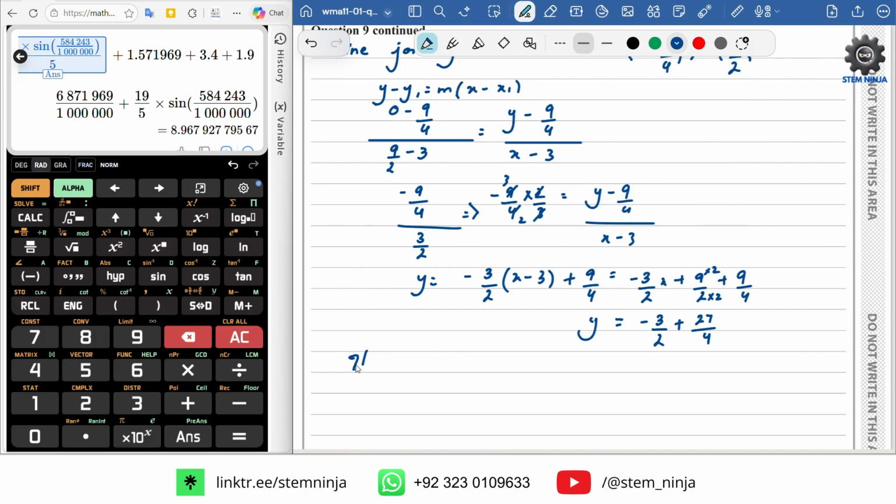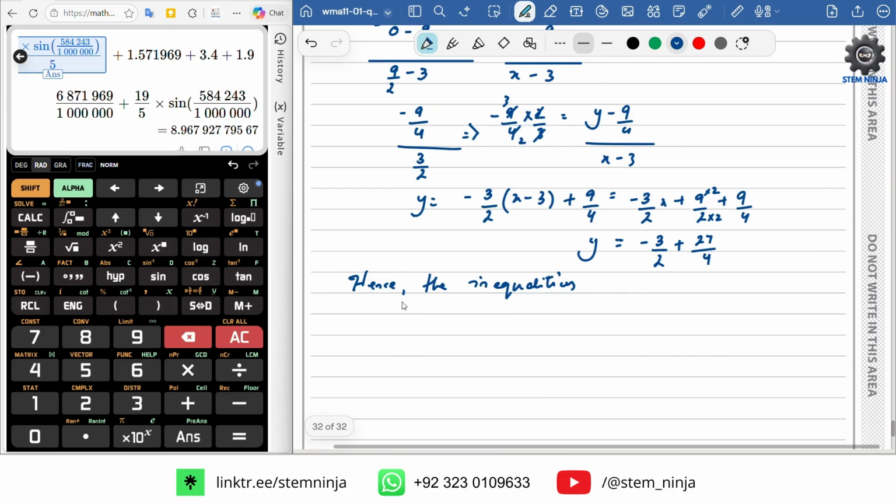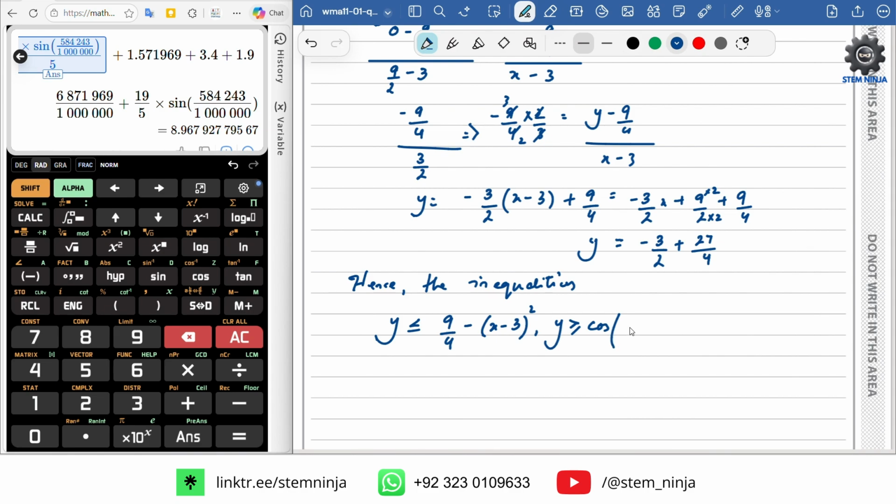Hence the inequalities are the same as what we wrote above: y less than or equal to 9 over 4 minus (x minus 3) whole squared, y greater than or equal to cosine of pi by 3 x, and y less than or equal to minus 3 by 2 x plus 27 over 4.